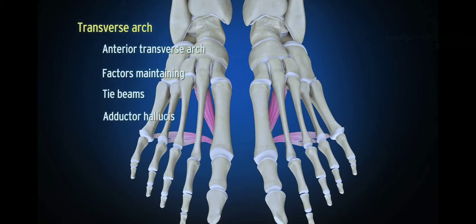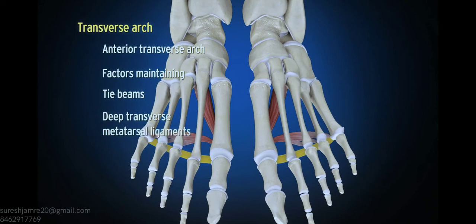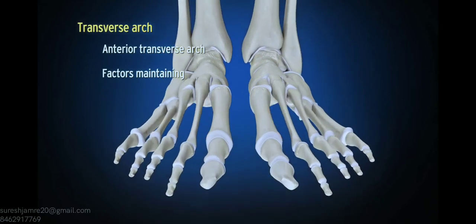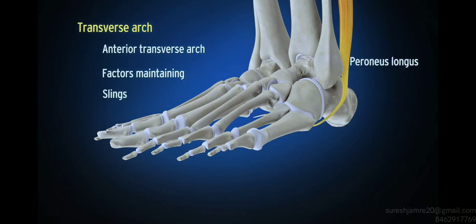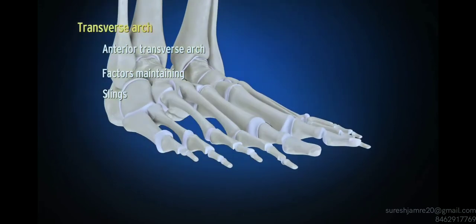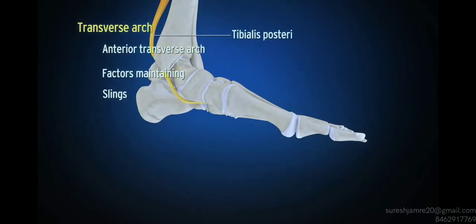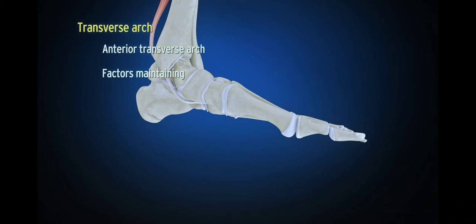Adductor hallucis and deep transverse metatarsal ligaments. Slings. Peroneus longus and tibialis posterior. Factors which maintain the longitudinal arches also maintain the transverse arch.